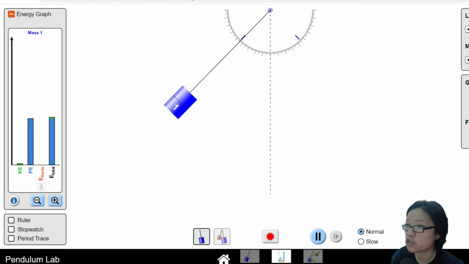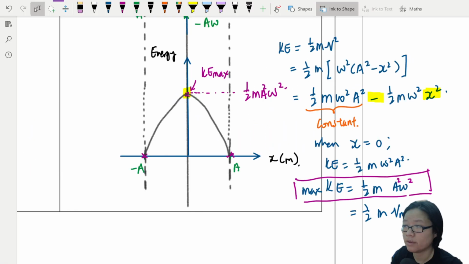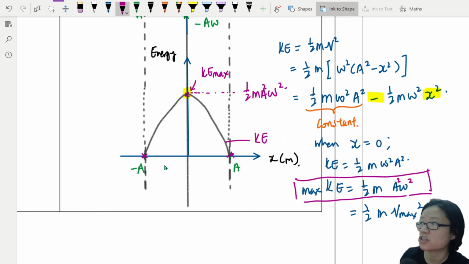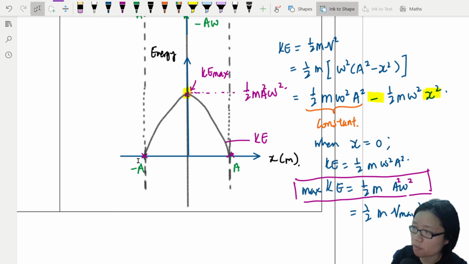Energy against position graph. Let's check it out. Okay, so here we're looking at the graph now, and I think I should label. Hang on. Always label your graph when you've got more than one graph, okay? No label graph is a dangerous thing. Okay, so this is kinetic energy. So we know potential energy will have an inverted relationship, meaning when KE is increasing, let's say I go from negative A to 0, KE is increasing, your PE will be decreasing.